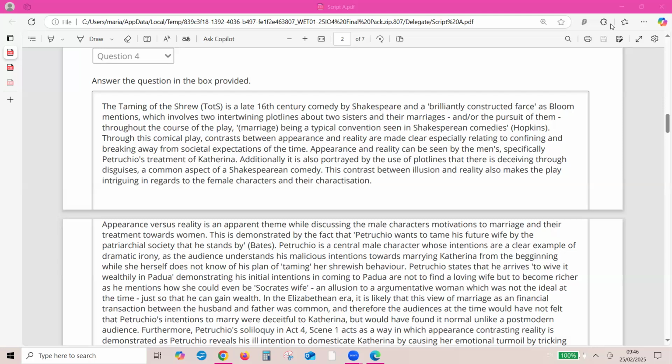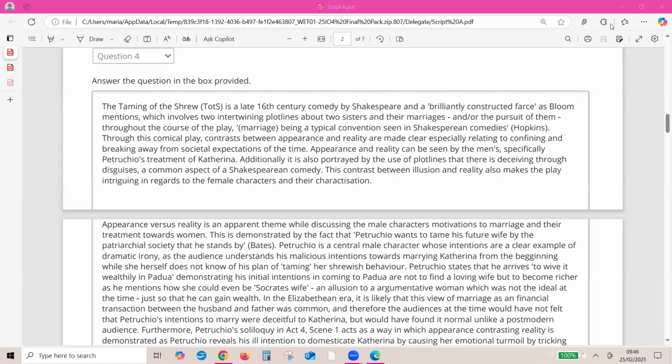So they've set a little bit of historical context by noting the timing. They've talked then about it potentially being a farce. So we have a genre there, as well as mentioning Bloom, and a very succinct mention of why this may be a farce with the intertwined plot lines, and the sense of contrast and appearance and reality.